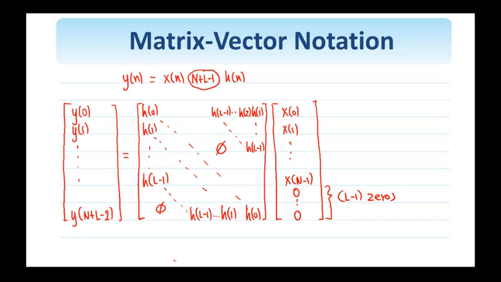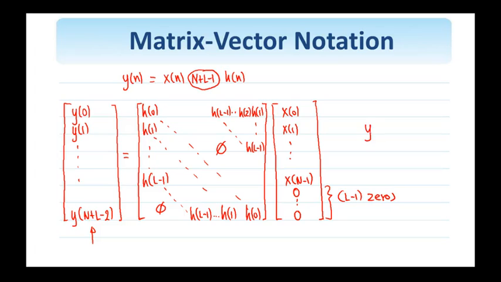It's easy to verify that indeed the values you obtain here by carrying out this matrix vector multiplication, these y values, are equal to the values we obtained from the linear convolution as shown in the previous slide.